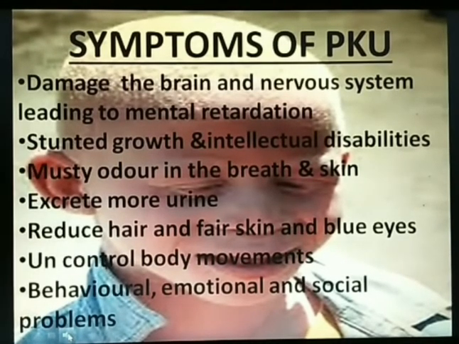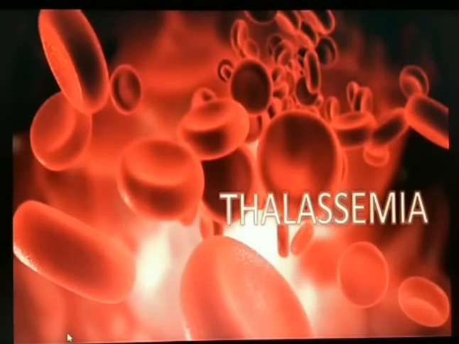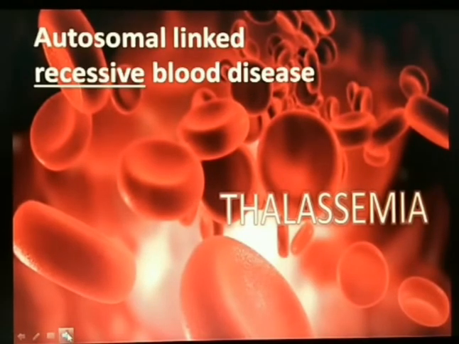The next disease is thalassemia, which is an autosomal linked recessive blood disease. This indicates that the disease is due to a recessive gene located on the autosomal chromosome, and the disease is with respect to the blood.